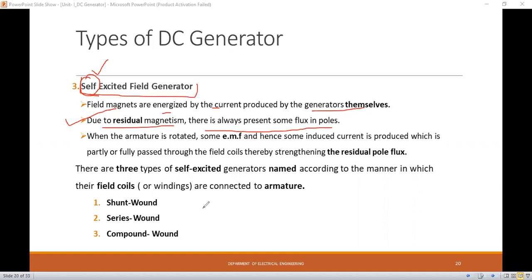Okay, so when the armature is rotated, some EMF and hence some induced current is produced, which is partly or fully passed through the field coil, thereby strengthening the residual pole flux.